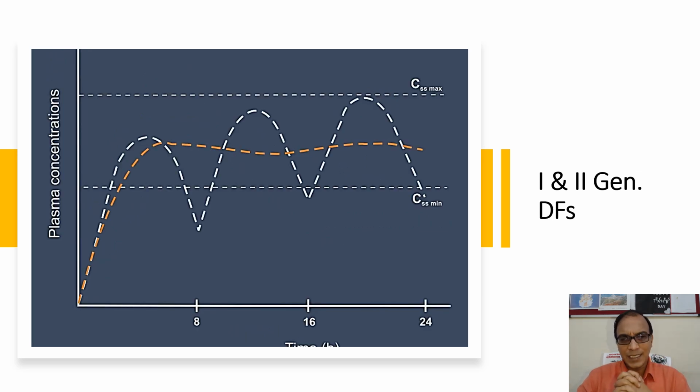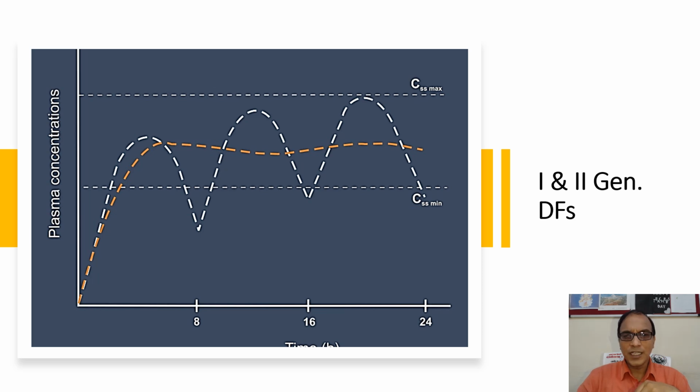As we can see again here, the plasma concentration time profile curve. The peak and valley effects are there in this curve. If a drug is being taken 3 times a day, you can see 3 peaks and 3 valleys will be there. These are the peaks and valleys.